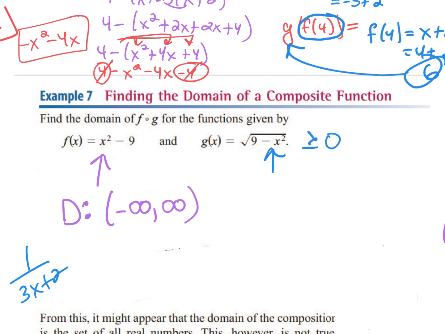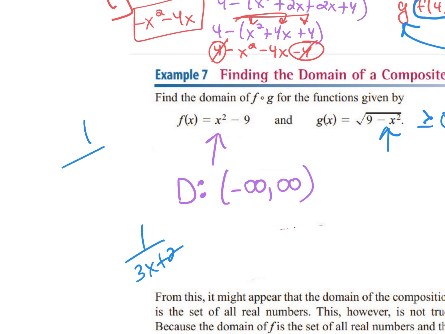Little side note, if you had 1 over the square root of x, what would you set the bottom to? Would it be greater than or equal to? It would have to be what? Not just itself. Could I have the square root of 7 on the bottom?